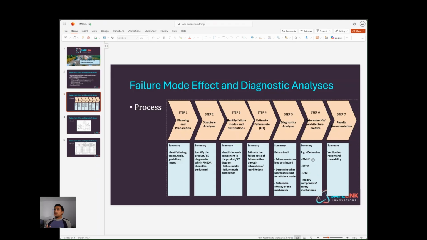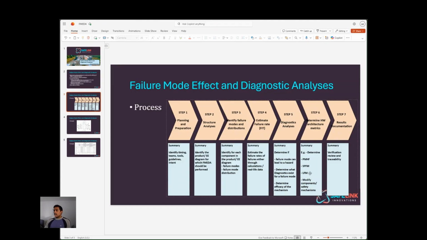We want this probability to be as low as possible, which means it's very unlikely it's going to fail. Then there is SPFM, which is the single point fault metric. The single point fault metric is, if a component fails, what is the probability that it fails in a safe way?